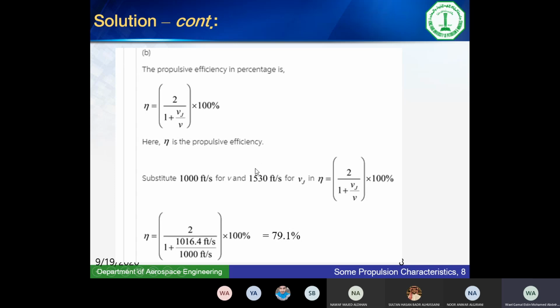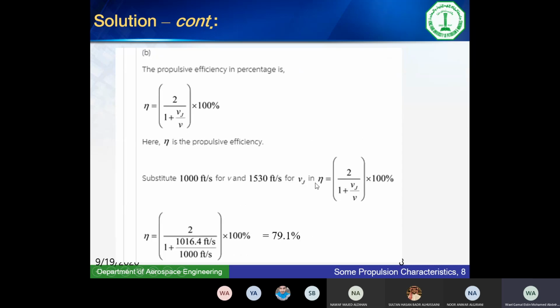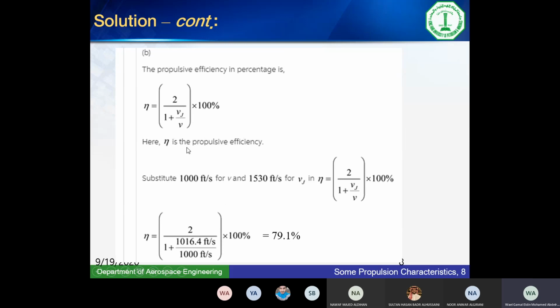By maintaining 3 significant digits, we have reasonable accuracy, 1 in 1,000. Anyway, you can use the 1,526, and the result will almost be the same. We know V jet is 1,526, and we know V to be 1,000. Now you substitute here and we get a propulsive efficiency of about 79%.